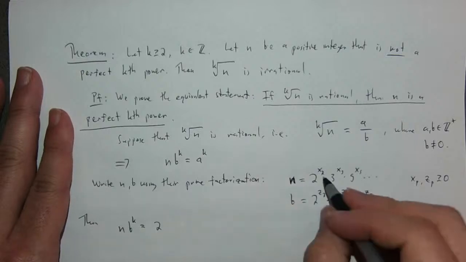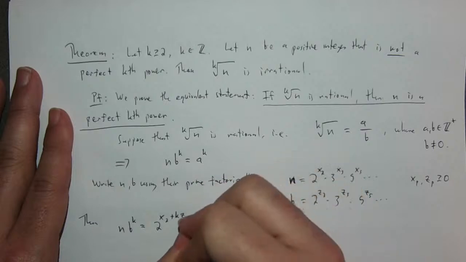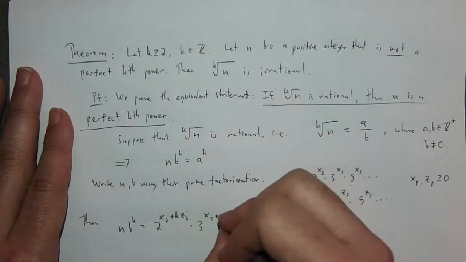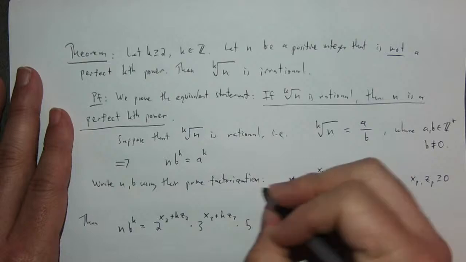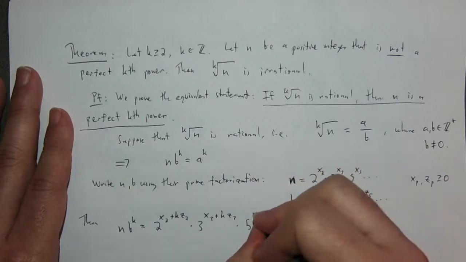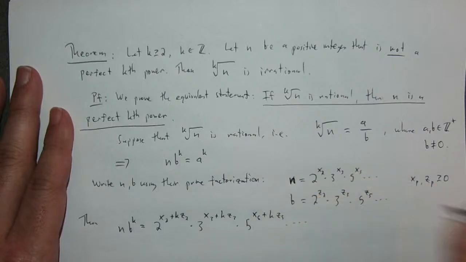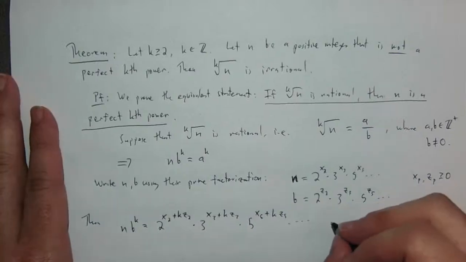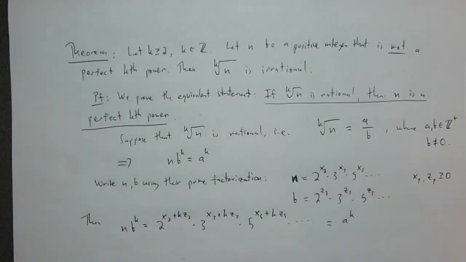So this is 2 to the x sub 2 plus k times z sub 2 times 3 to the x sub 3 plus k times z sub 3 times 5 to the x sub 5 plus k times z sub 5, and so on. But this is equal to a to the k. So whatever this is, it's a perfect kth power.